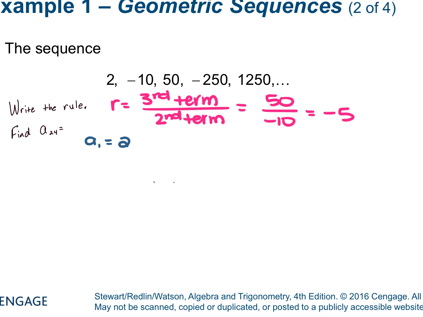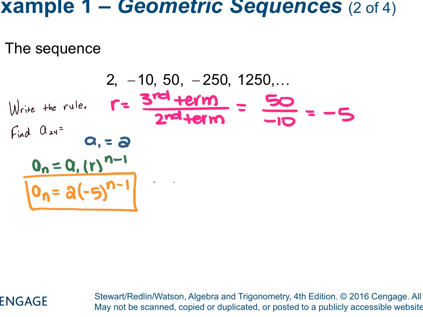So if we plug this into the formula, a sub n is equal to a sub 1 times r to the power of n minus 1, we're going to have a sub n is equal to 2 times negative 5 to the power of n minus 1. So that's our rule.